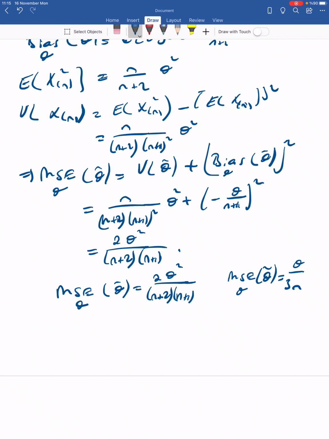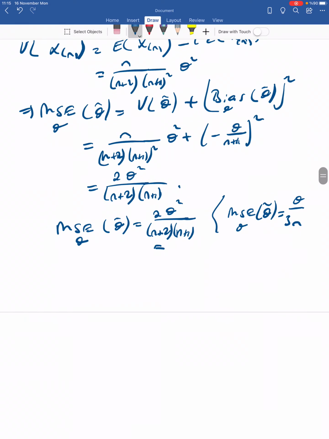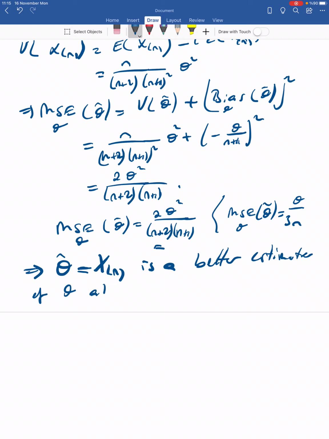The denominator here is n square or something, so it is smaller. So here, although the MLE is not an unbiased estimator of theta, theta hat, which is an order statistic, is a better estimator of theta, although it is not an unbiased estimator of theta.